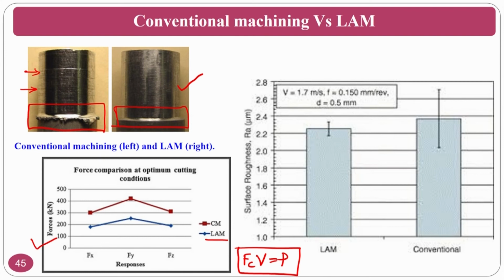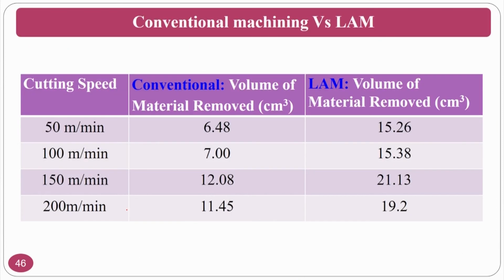At the same time, you can see the surface roughness also. In the laser assisted machining process, you get lower surface roughness. That means your surface finish is better compared to the conventional finishing process. These are the main things that one can see for cutting speeds of 50, 100, 150 and 200. For the conventional process the maximum volume of material removal is this much, but here the maximum is 19.2.